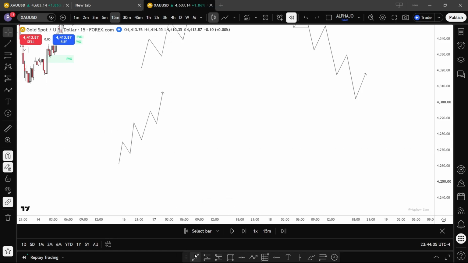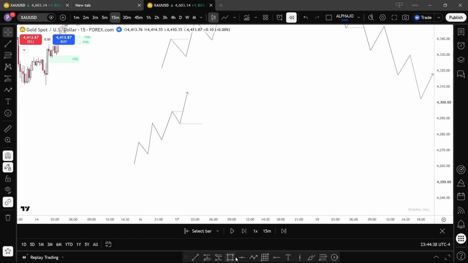So you realize that this is our important high, or significant high, and this is our significant low, right? This is our higher high and this is our higher low. This move shows us that we want to continue the trend to the upside, right?